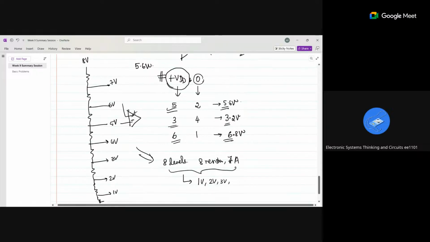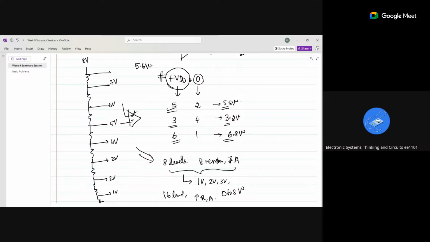What if I want 16 levels, but I want to measure between 0 to 8 volts, what should I do? I should increase the number of resistors, right? And amplifiers. Are you able to understand?